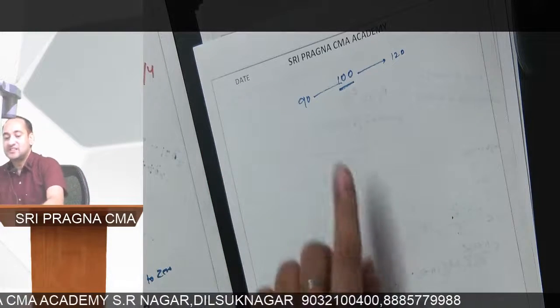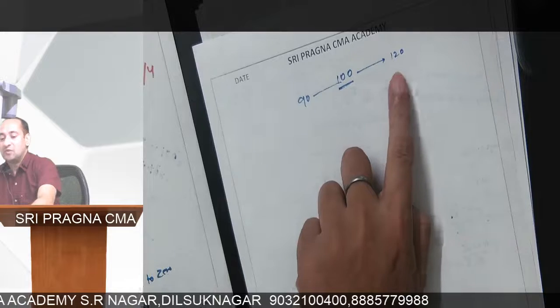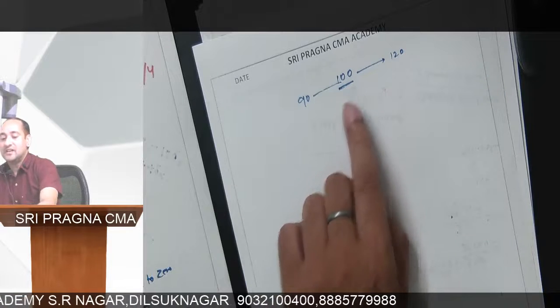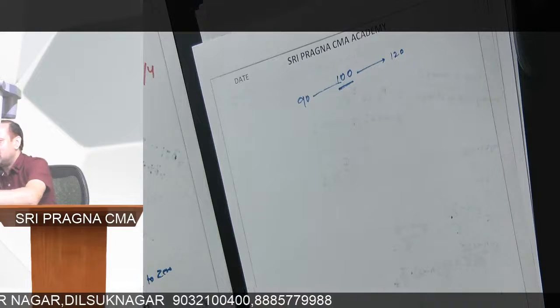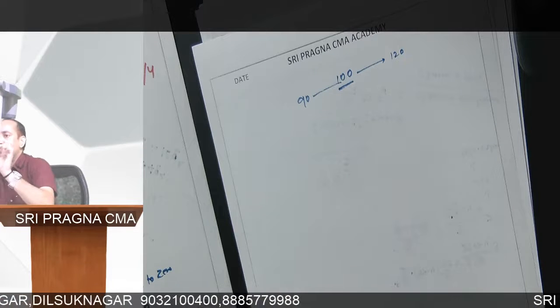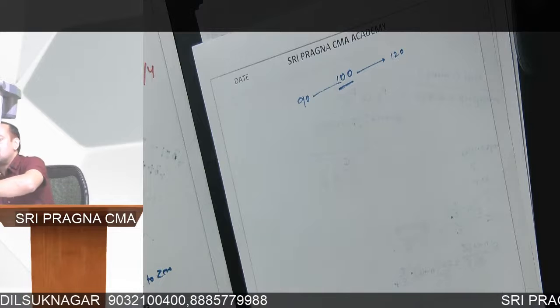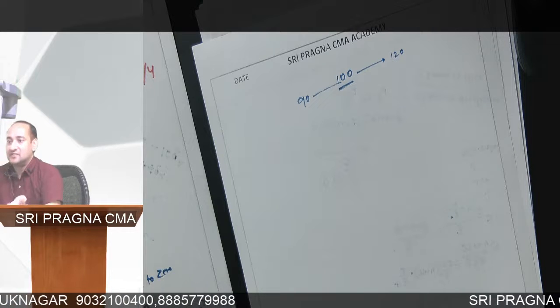So the difference is 120 minus 100, or 90 minus 100. It may be positive or negative, so I am simply talking about change in the positive or negative sense.